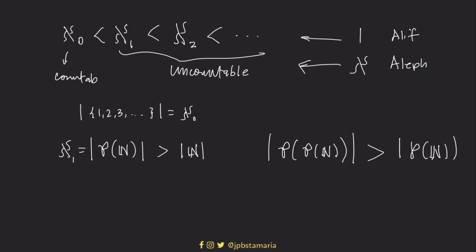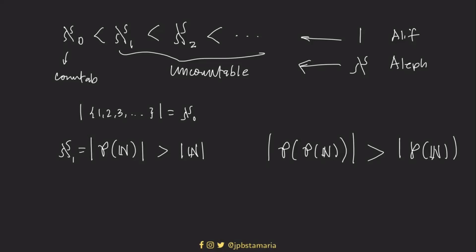Kumbaga sa math, hindi tayo sasagot ng yes or no kung wala tayong proof, di ba? We don't have a proof that it is a yes, and we don't have a proof that it is a no. But we have a proof that we cannot answer that. Yun yung sinasabi nila na walang perfect na mathematical system.